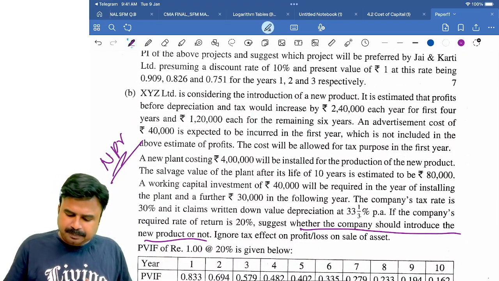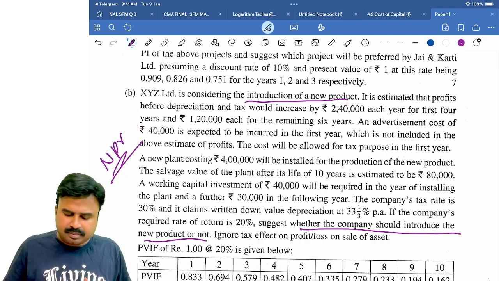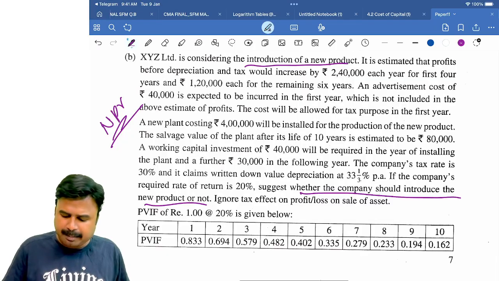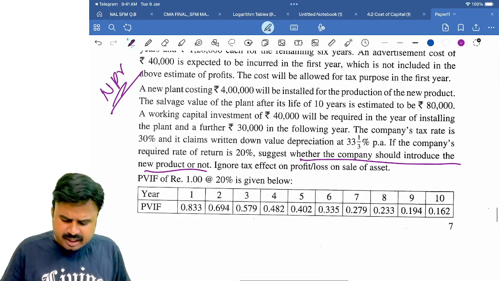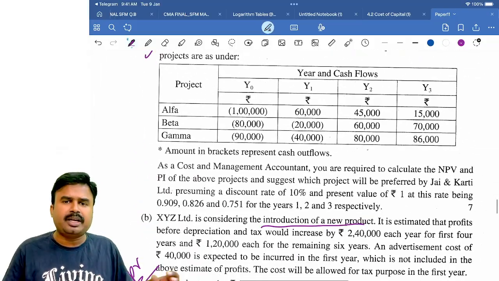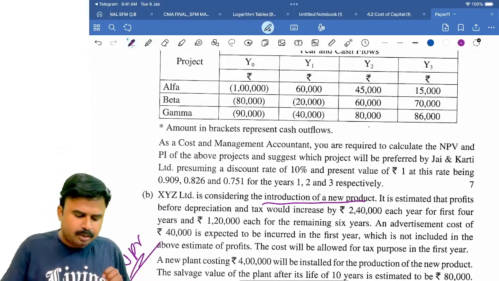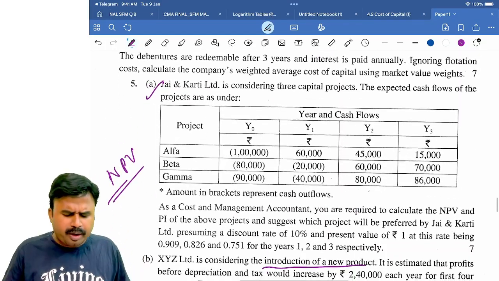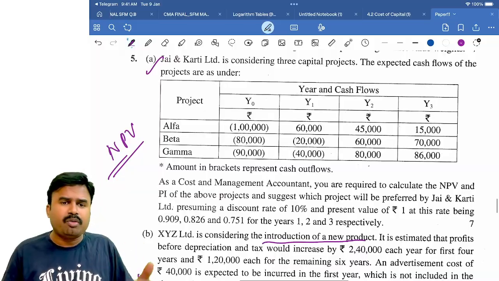So look at the question. Introducing a new product: estimated profits and related expenses, and how your working capital investment is working here. Everything was given here. Surprisingly, both of these questions are related to NPV calculation. As I told you already, 5A always comes from NPV.